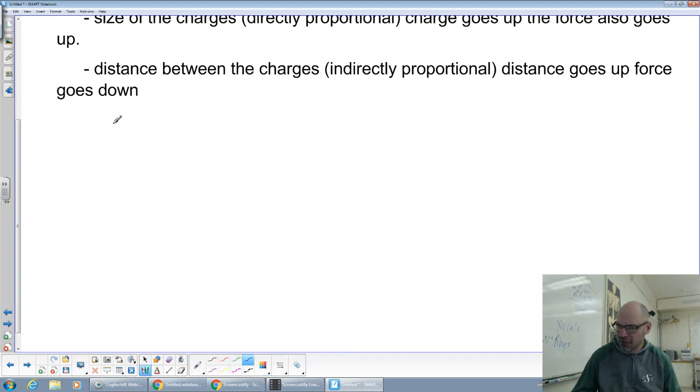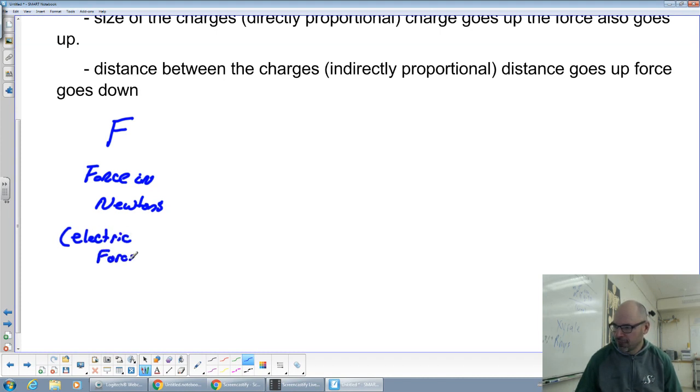Okay, so the force, electric force, F. So this is force in newtons. Okay, and this is the attraction or repulsion, so it's an electric force.